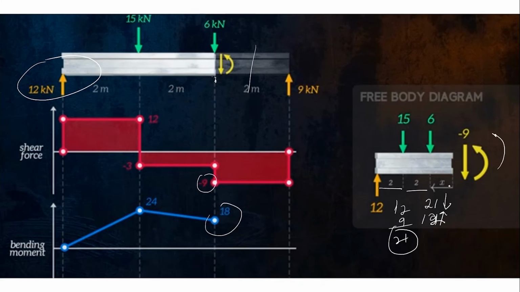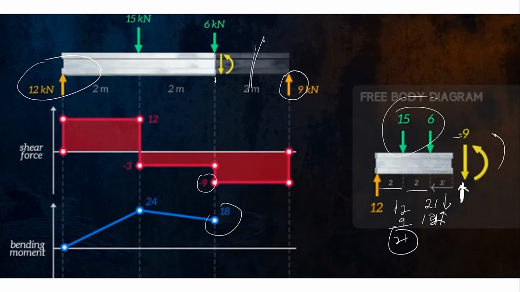Ang portion na to, meron dito 9 na going up para mabalance to. Pero in this case, dahil kinat natin dito, meron siyang force na negative 9 para i-counteract. Kasi nandito na siya sa right side eh.